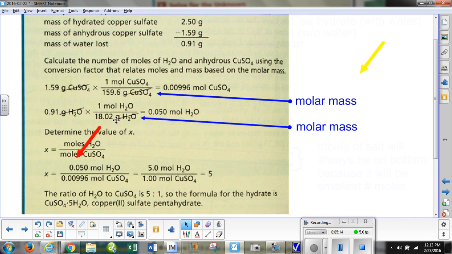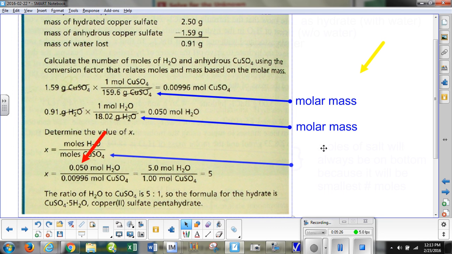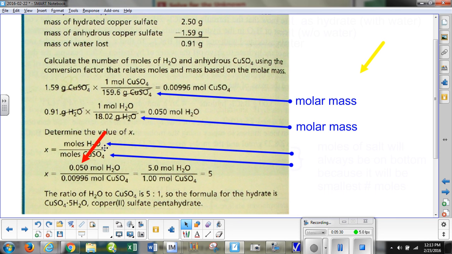And to get that ratio, we simply take these two numbers and put them into this fraction. And you can see here's our moles of water. And here we go. Our moles of water were calculated here. There we go.